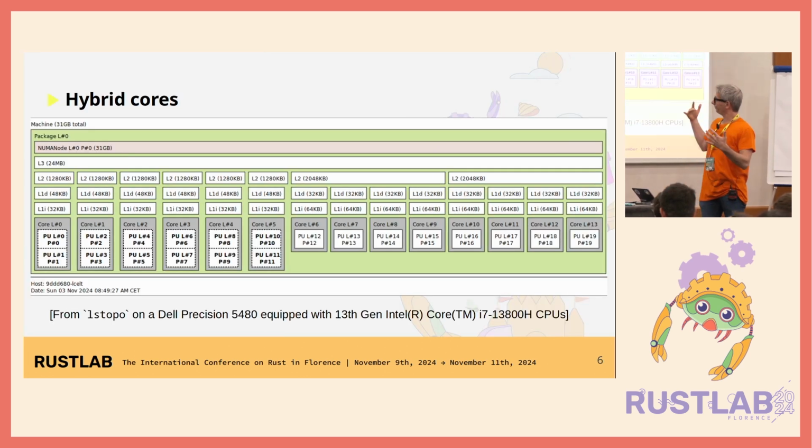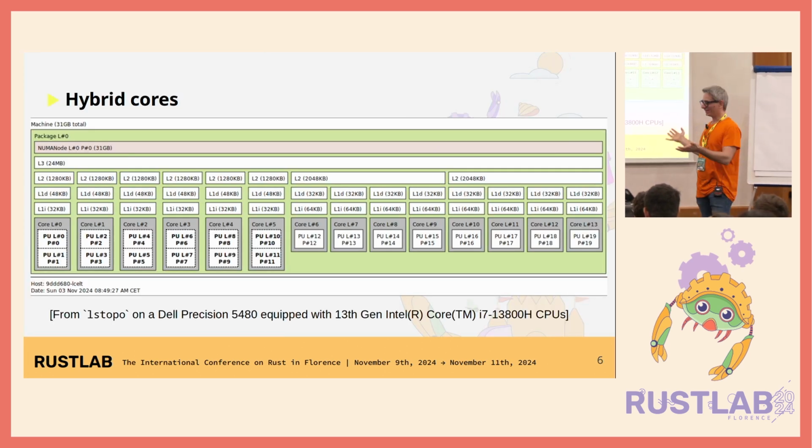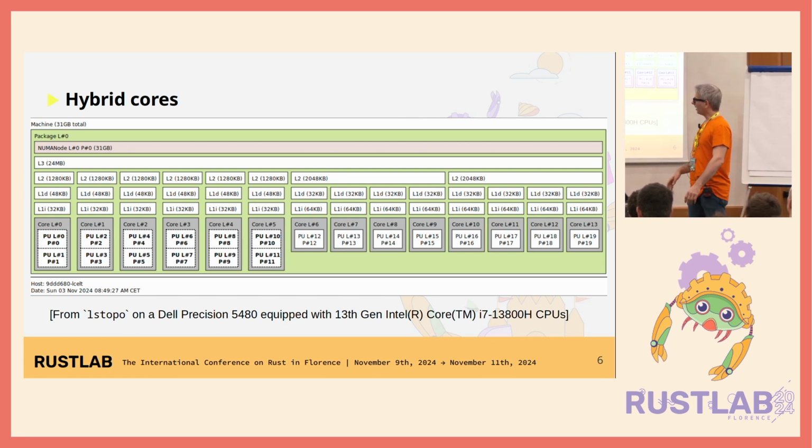That's another example of a topology. Nowadays we have hybrid cores, meaning that not all the CPUs are identical, but you have fast cores and slow cores. Who knows what kind of weird architecture this one is? Well, that's my laptop, not this one, but my other laptop.